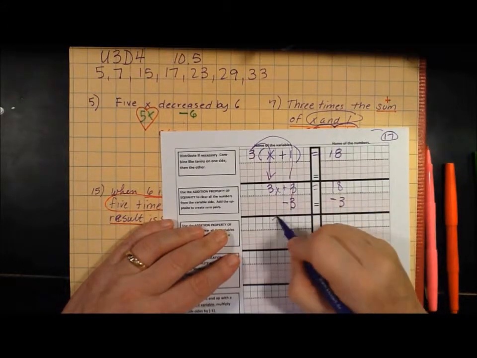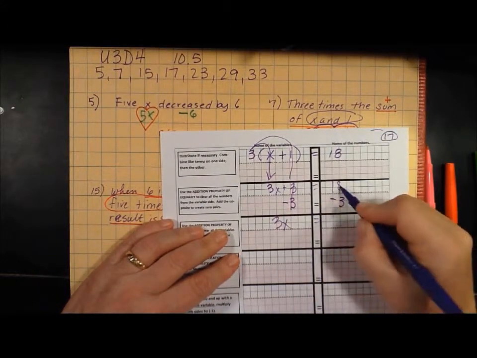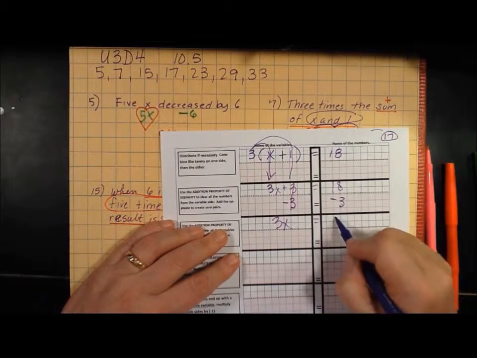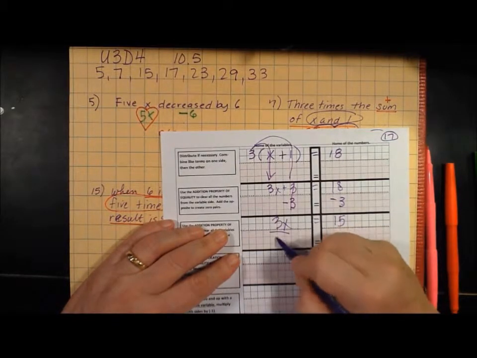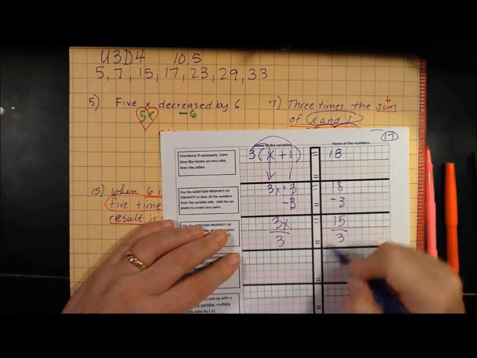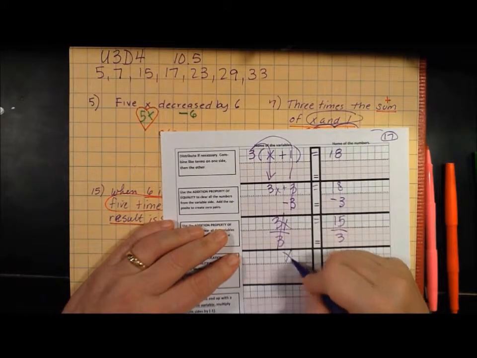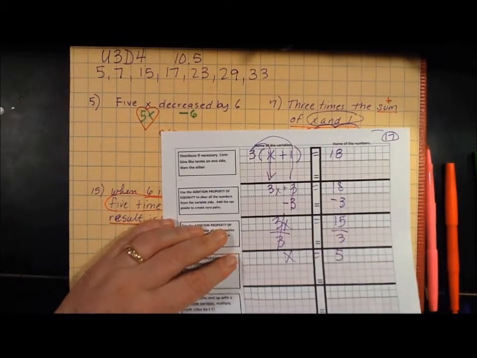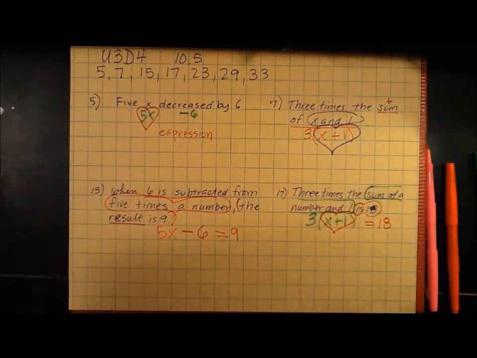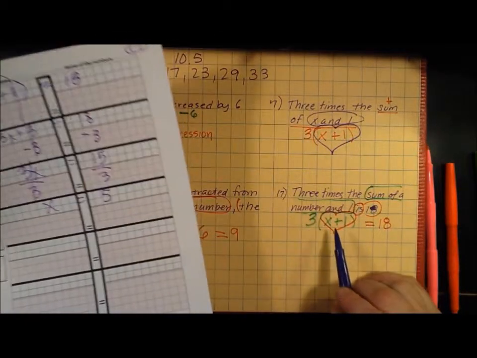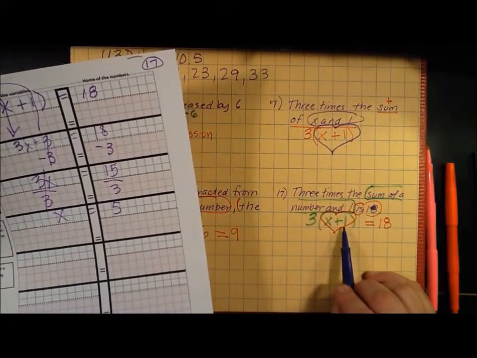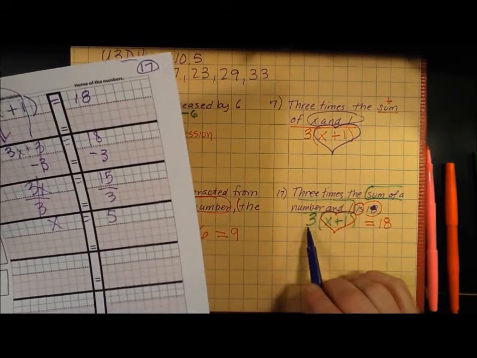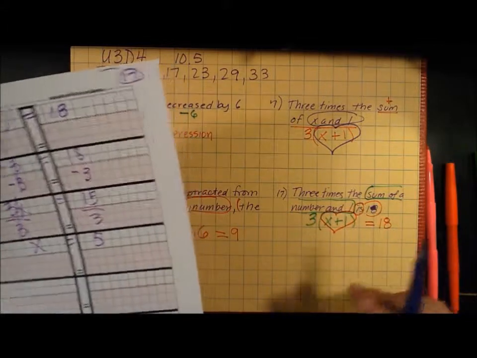That's 0, so 3x equals 18 minus 3 is 15. Divide that out, divide that out. That's 1. x equals 3 goes into 15 5 times. And 5 plus 1 is 6, and 6 times 3 is 18. 18 equals 18.